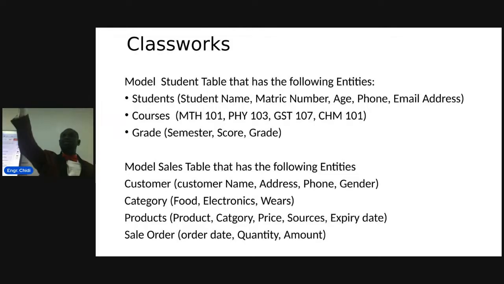So once we see the student matric number, we now know who the student is by using it to trace, assuming the matric number is 224. If we see 224 in attendance, you know that this 224 is talking about this student. The name of the student, his phone number, all his details are already in the student table. That matric number is what we now use to trace him on the other side.